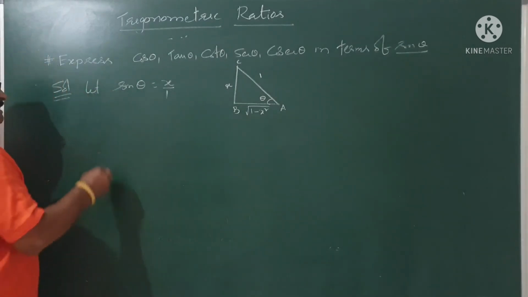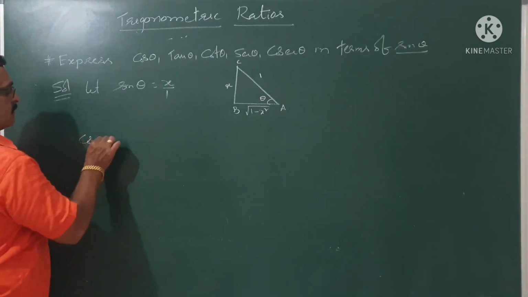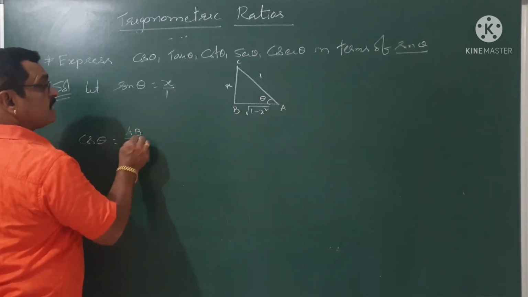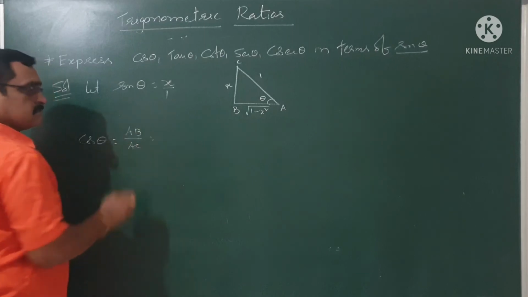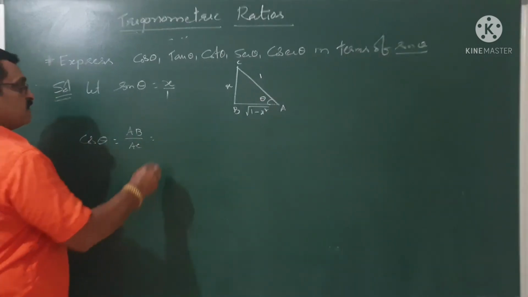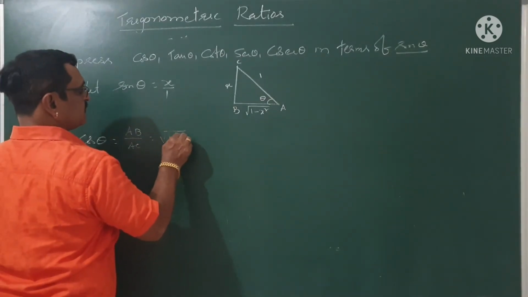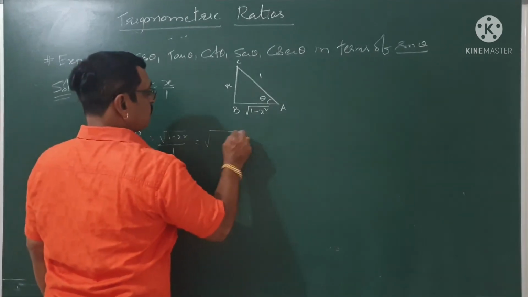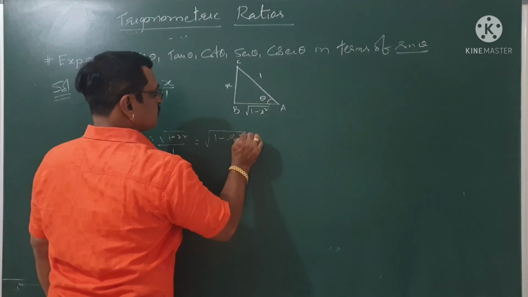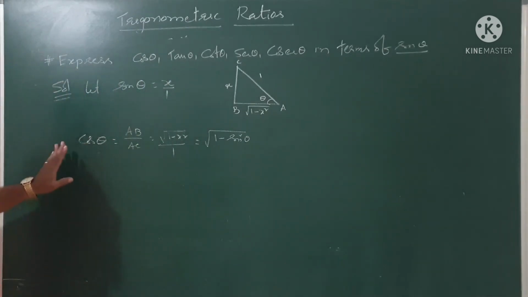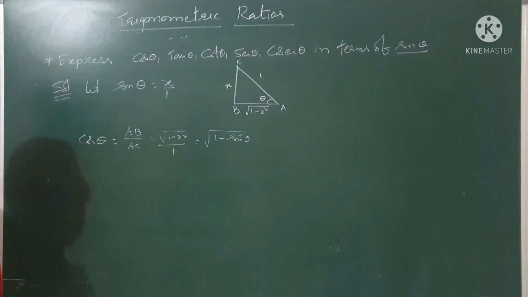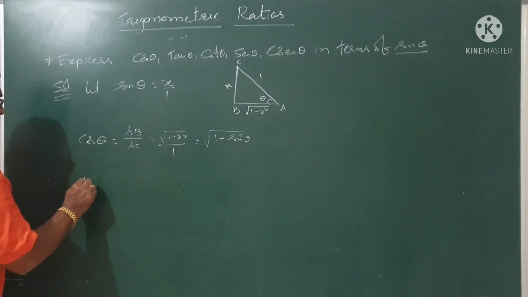From this, what is cos theta? Cos theta is equal to AB by AC. Therefore, it is the square root of 1 minus x square over AC, which is 1. That is nothing but the square root of 1 minus sin square theta. So cos theta is equal to the square root of 1 minus sin square theta. The next one is tan theta.